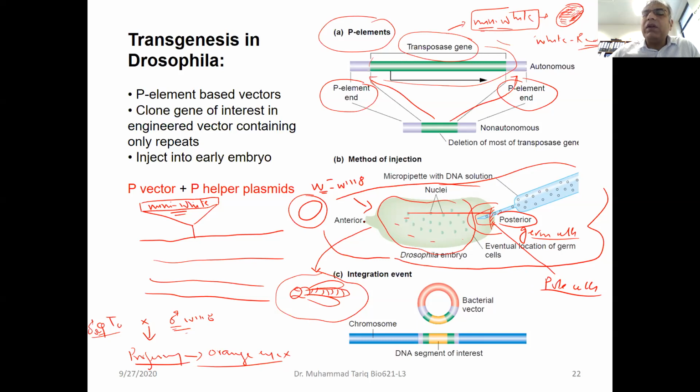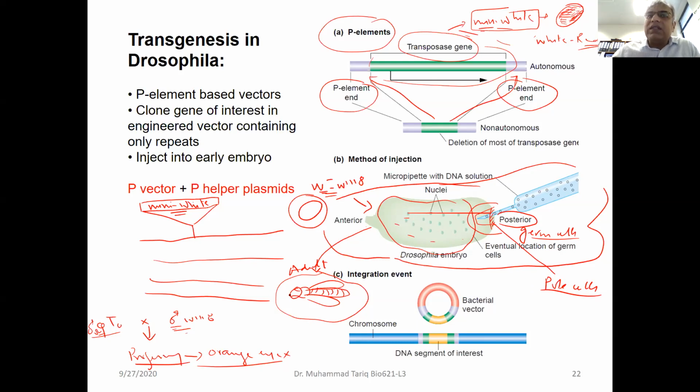When this embryo goes through larval stages, pupal stage, and the adult hatches, its eyes will be simple eyes of white 1118, not red due to the mini-white which is here, because only the germ cells are targeted.